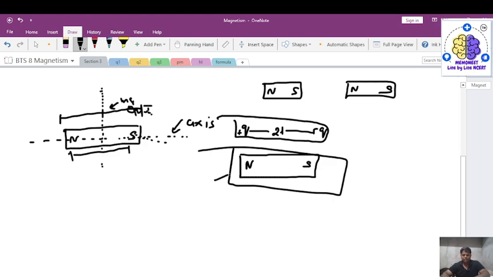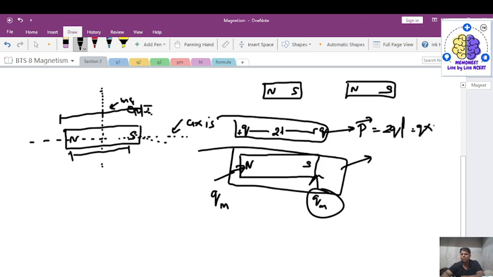The field strength of the pole is given by Qm. If this pole has a field strength of Qm, this pole will also have a field strength of Qm. So the electric dipole moment will be given as P vector equals 2QL, or Q into 2L.